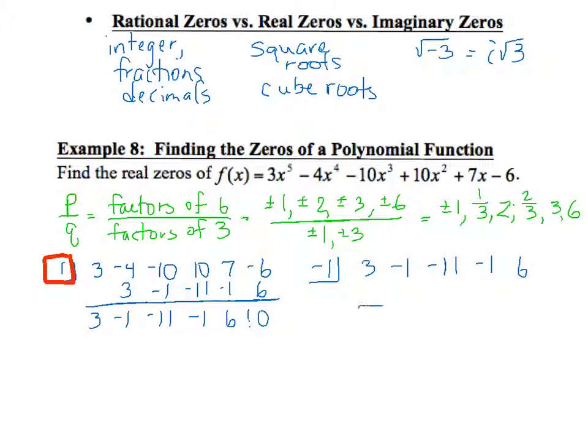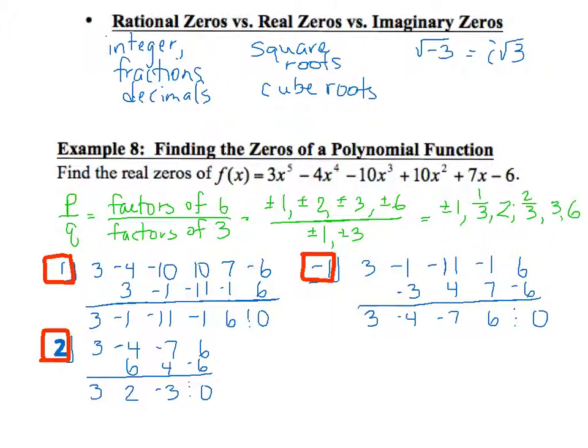Since your first number and your last number are still 3 and 6, you still use the same possible zeros up here. I did a little work ahead of schedule here, and I plugged in 2. And if you notice, when you plug in 2, you also get a remainder of 0. So that means that 2 is another zero.